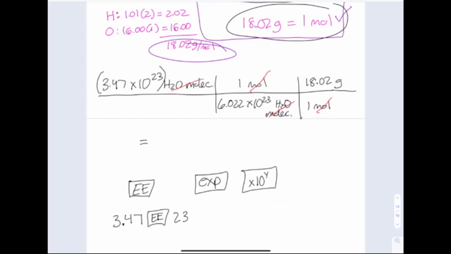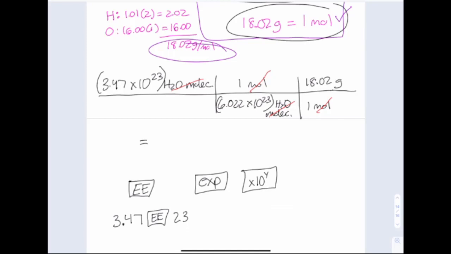If you don't do the parentheses, when you're dividing one number by another number in scientific notation, it's not going to know that those are numbers. So what it's going to do, if you do it incorrectly, it's going to take 3.47, multiply it by 10 to the 23rd. That's no problem. Then it's going to take that answer and divide it by 6.022.